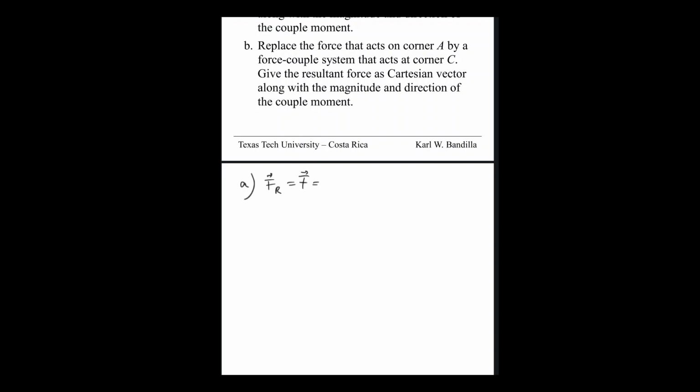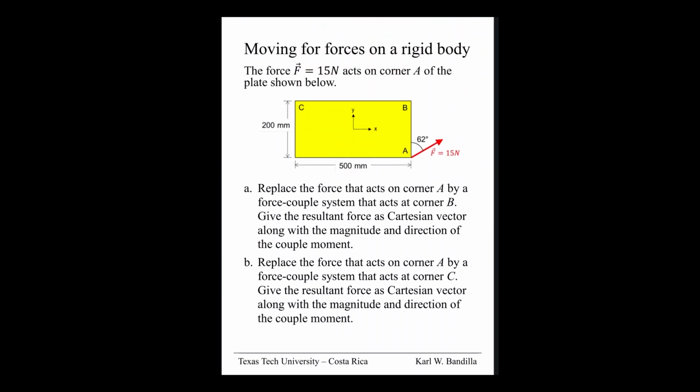That is just the unit vector of F times the magnitude. The unit vector of F is given to us by this angle here. We have to be a little careful. Usually we do cosine in X and sine in Y, but now the angle is up here, not down there, so we have to do it the other way around.